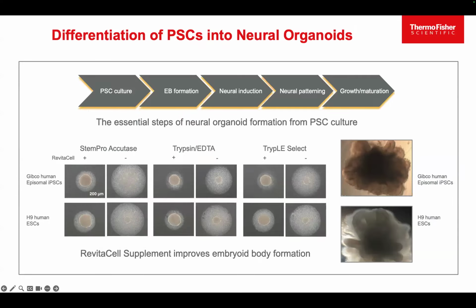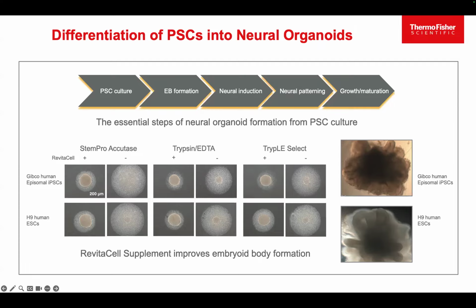I do want to touch a little bit on some of the things that we offer and we talk about at Thermo in our space. We've got some nice data in the 3D neural organoid space. What we're looking at here is an example of brain organoids produced through an unguided approach, right? So without the inclusion of those signaling factors. It follows an established workflow, much like you'd see across the top here.